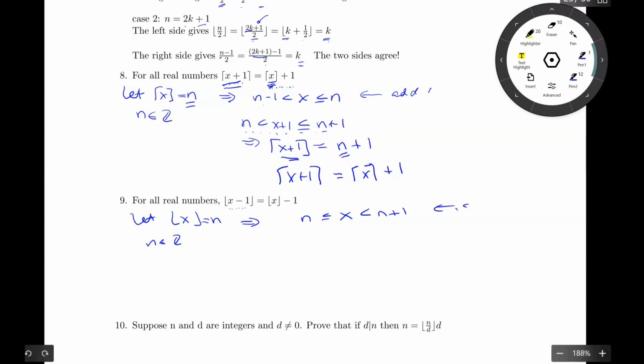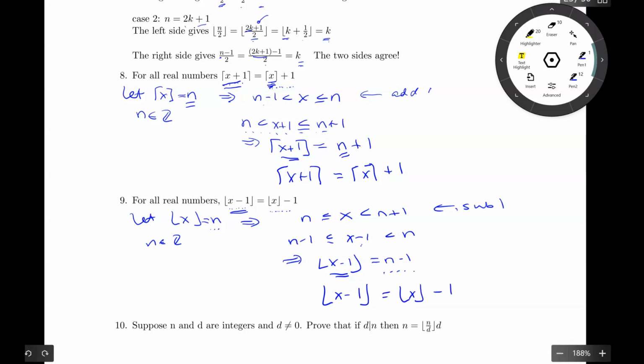So on this line here, subtract 1, subtract 1, subtract 1. Okay. This tells me that the floor of x minus 1 is n minus 1. So think about where I want to go. This is my left-hand side, and I'm looking at this right-hand side. Oh, there it is. So the floor of x minus 1, I can substitute in for n, the floor of x minus 1.